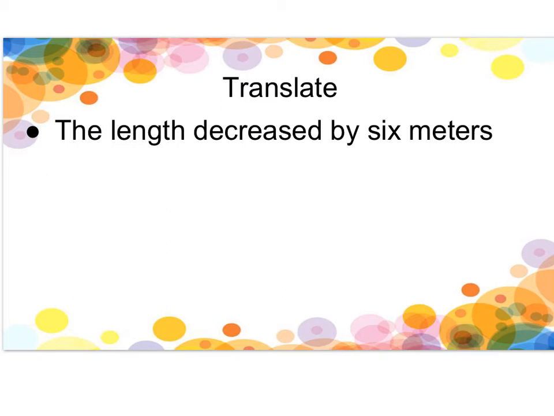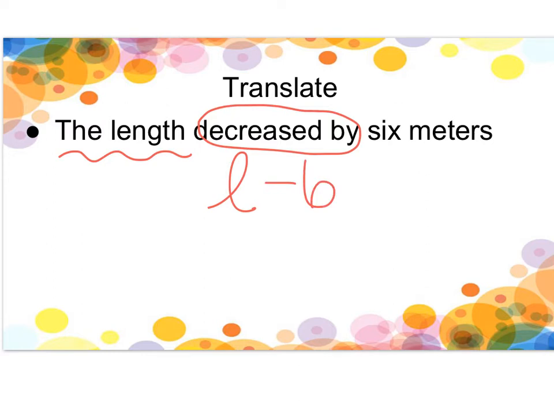All right, so I'm going to circle my operation, decreased by. And my unknown, my variable, is the length. Now I have to think through this one. I could have the length minus 6, or I could have 6 minus the length. And it really needs to be thought carefully through because order matters in subtraction.